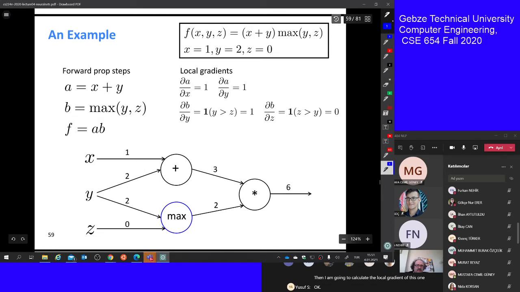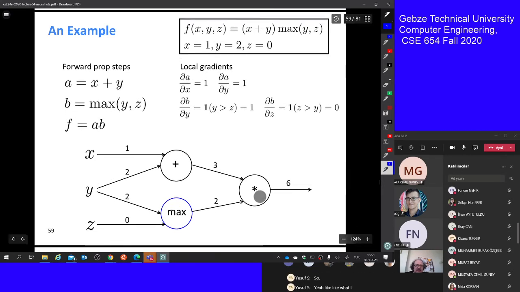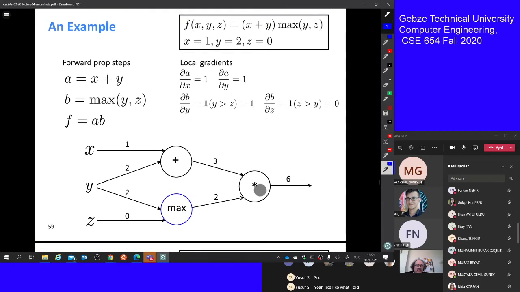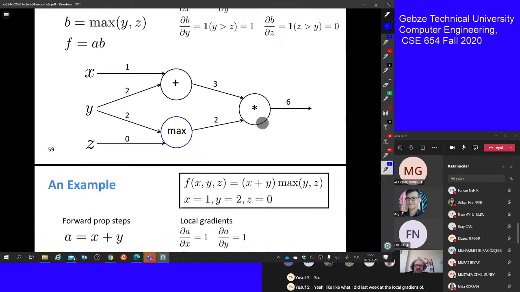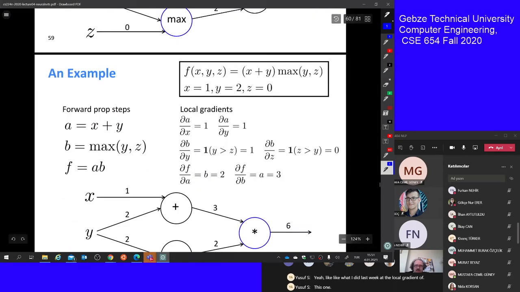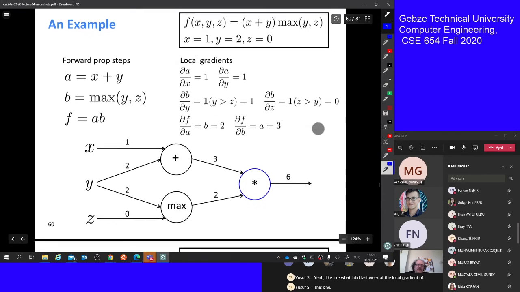So, like what I did, let's look at the local gradient of this one. Local gradient for this one is easier, right? Why?